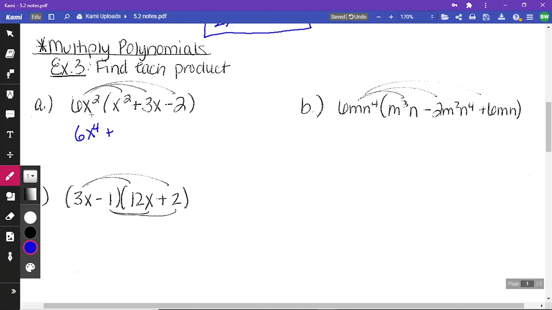We multiply the coefficients. 6 times 3 is 18. And then x squared times x is x cubed, x to the third power. Okay, and then the last one, 6x squared times negative 2. So that's negative 12x squared. Okay, that's that one.